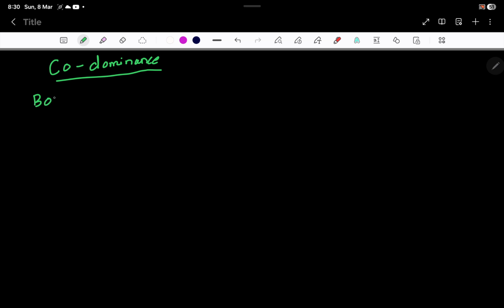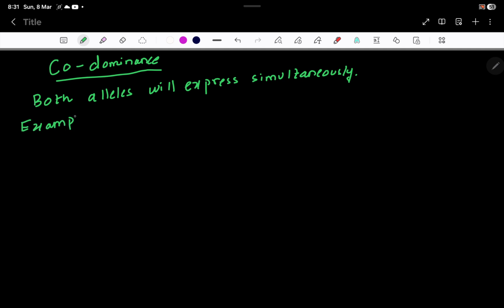So, both the alleles will express simultaneously. Clear? The example is the ABO blood grouping system.